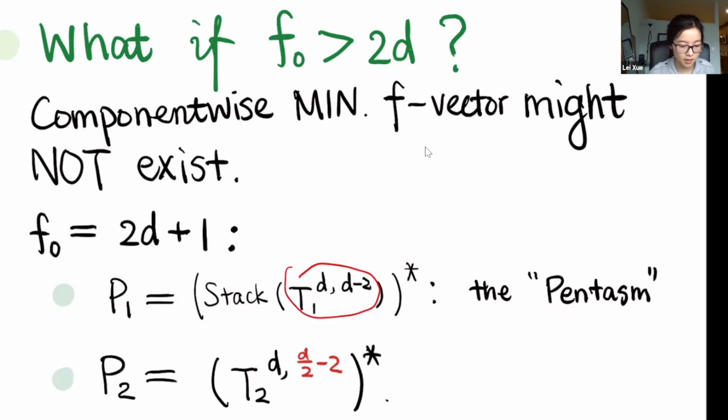This is called the pentasome in the paper by the 3 authors from 2019. I'll give an example shortly, but we can also look at P2, which is also in the same family, Grünbaum's family with exactly D plus 2 vertices, and you dualize.